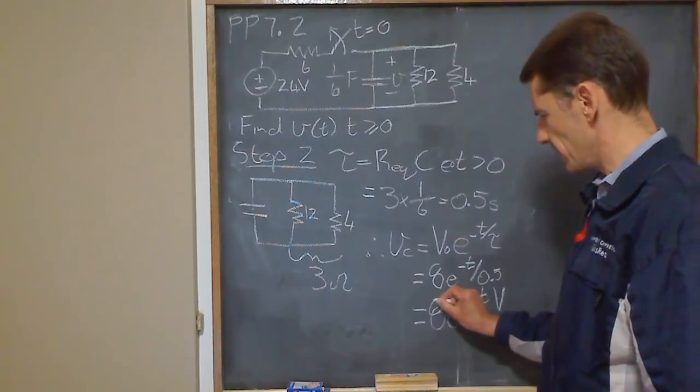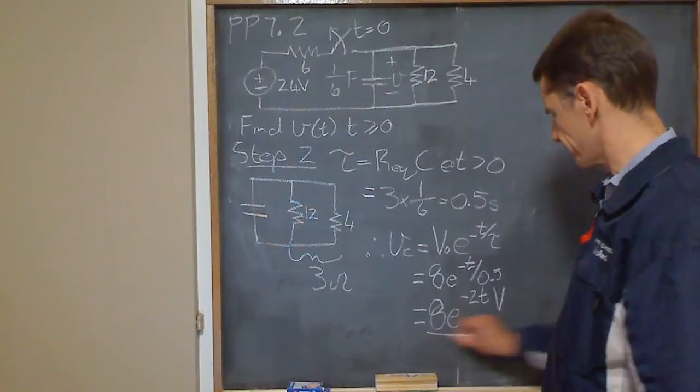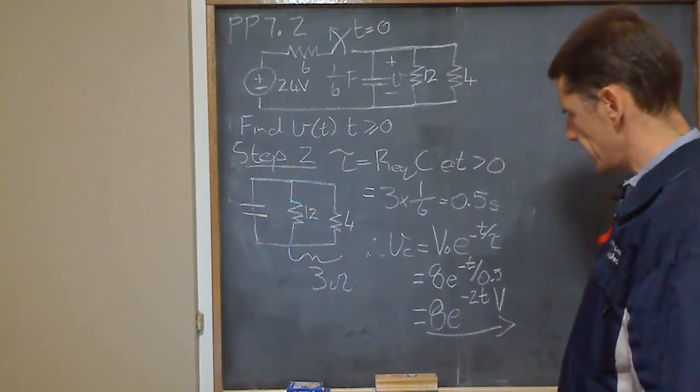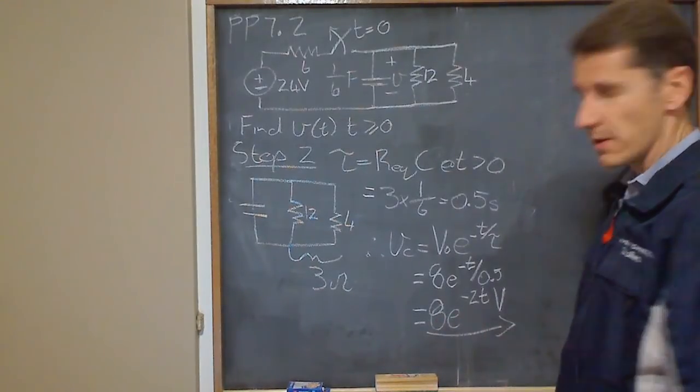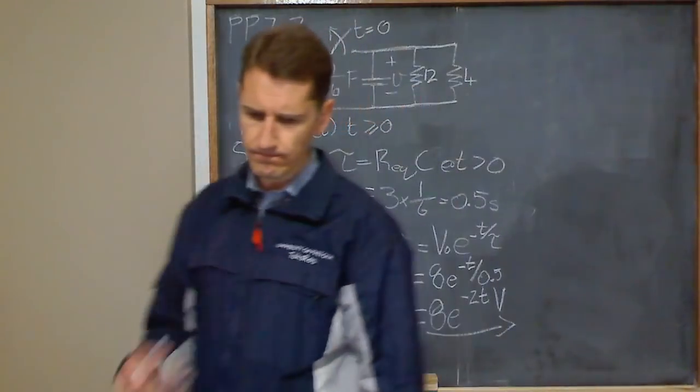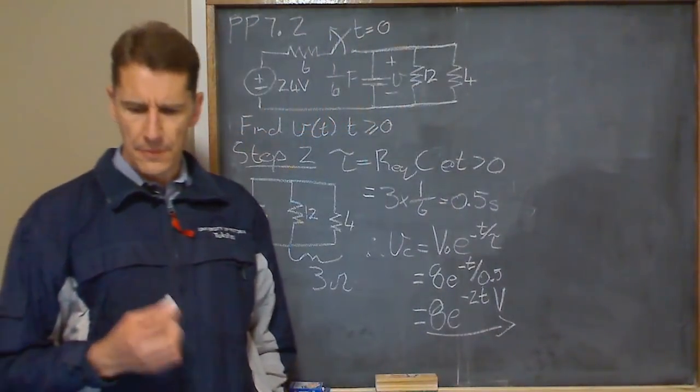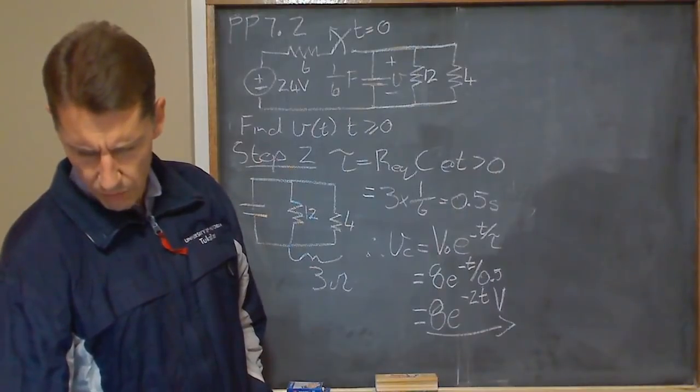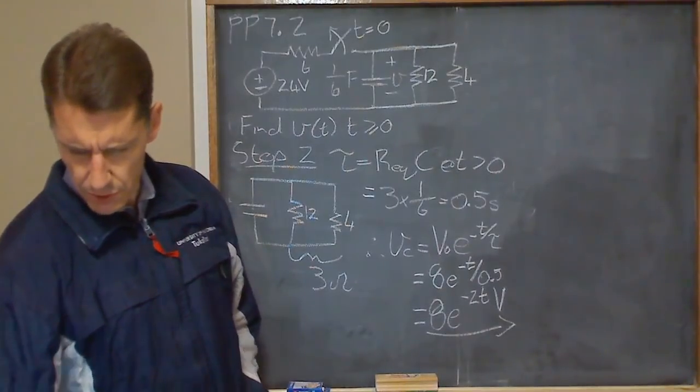That's supposed to be an 8, that thing there. So 8 e to the minus 2t. That gives me the expression for our voltage. So that's our complete solution.